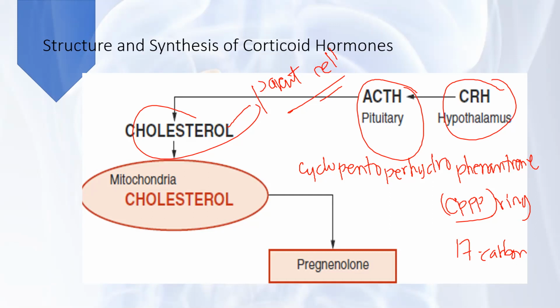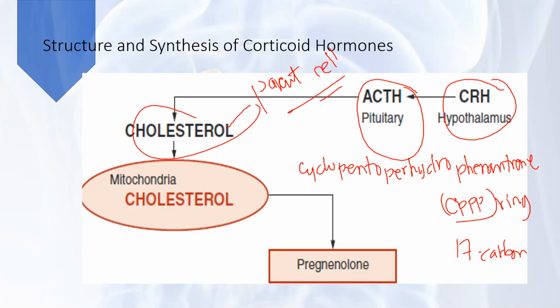this ACTH. Remember again that the secretion of the adrenal gland, particularly the adrenal cortex, where the site of the steroid hormone is seen, is being regulated by our ACTH. The secretion of glucocorticoids, and even our mineralocorticoids, is sometimes regulated by ACTH.